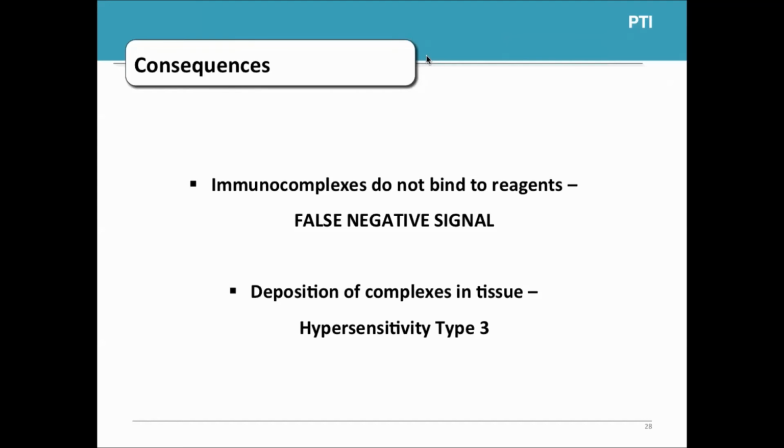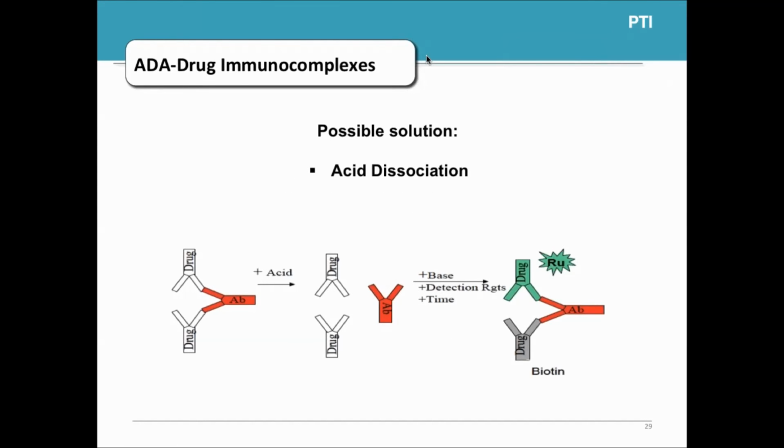But it also has a clinical effect because it will deposit complexes in tissue, because these anti-drug antibody drug complexes, especially if the drug is a therapeutic antibody itself, can be rather big, and they actually get literally stuck in tissue, liver, and that can cause hypersensitivity type 3 responses, which will have a clinical impact on the patient.